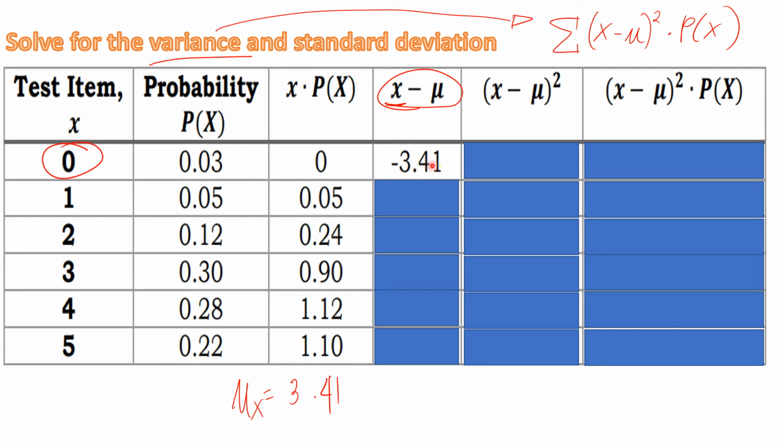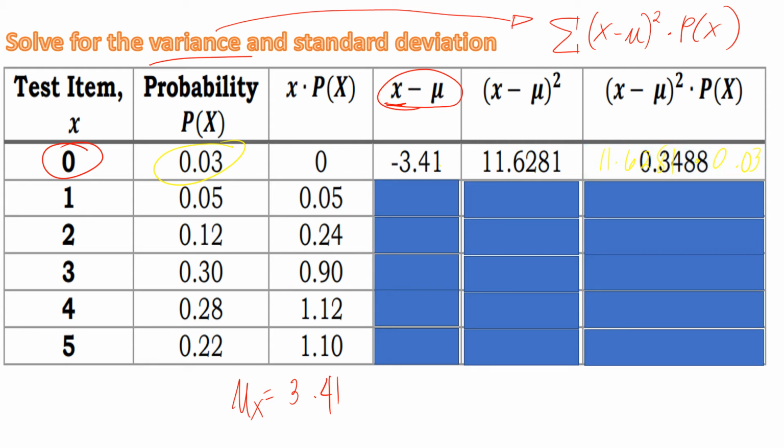So, negative 3.41 squared is 11.6281. After this result, we multiply 11.6281 by its p of x, which is 0.03. 11.6281 multiplied by 0.03 is 0.3488.